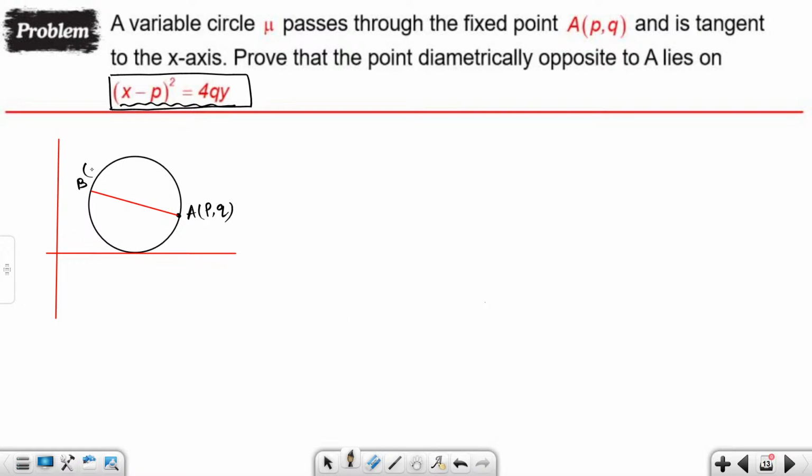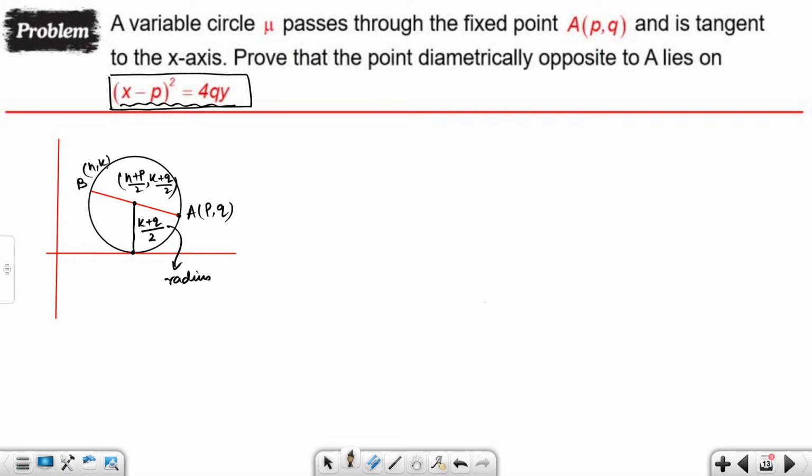So let us say H comma K be any point on the locus. Okay. So what will be its center? Its center will be H plus P by 2, K plus Q by 2. Correct? That is, if I join this point with this point of contact, then this distance is nothing but K plus Q by 2, which is nothing but our radius.